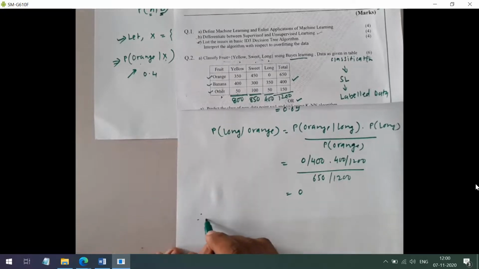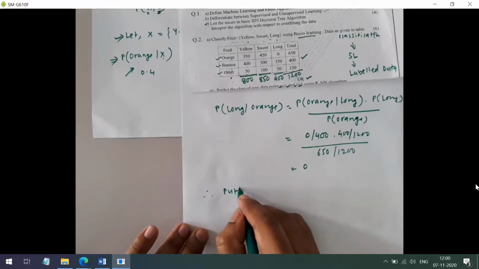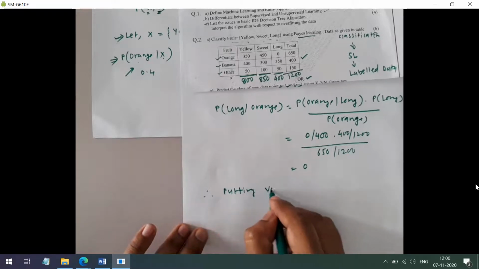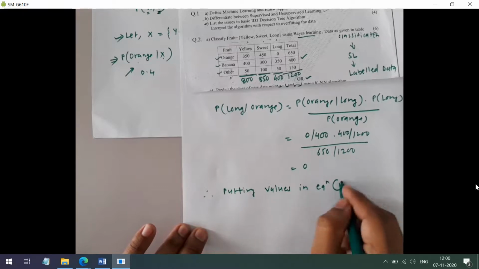So we will put these values in equation 1.